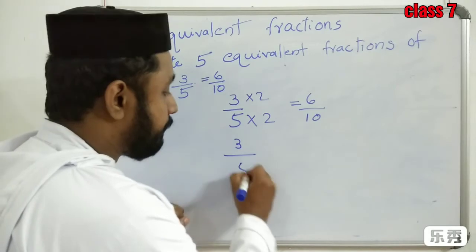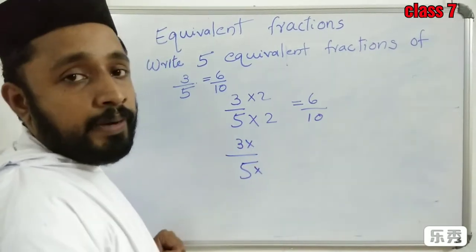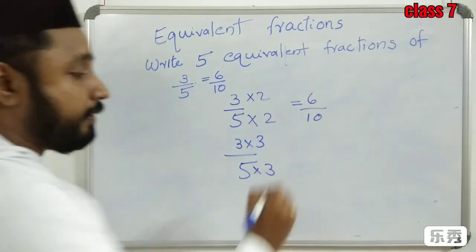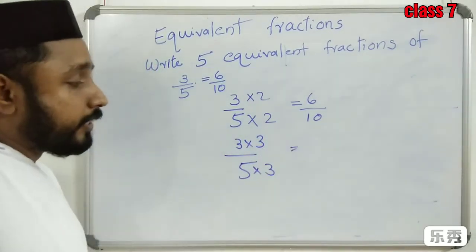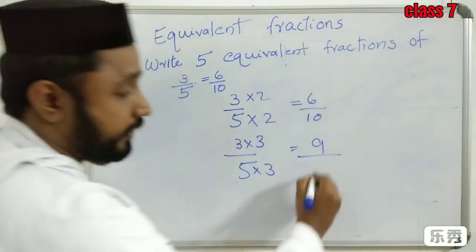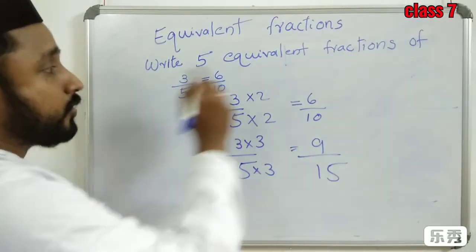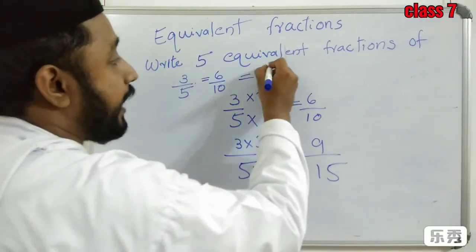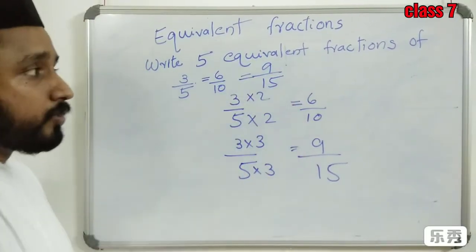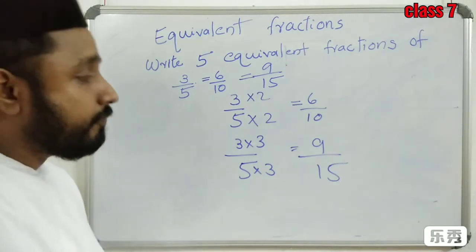Another equivalent of 3 by 5. I am going to multiply the numerator and denominator by 3. What about the answer? 3 into 3, 9. 5 into 3, 15. So, which is equal to 9 by 15, which is another equivalent. So, 9 by 15 is another equivalent of 3 by 5.